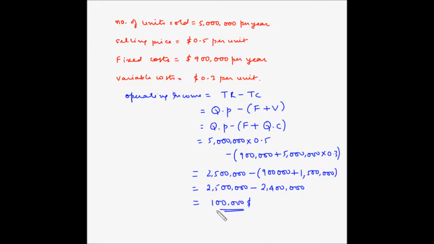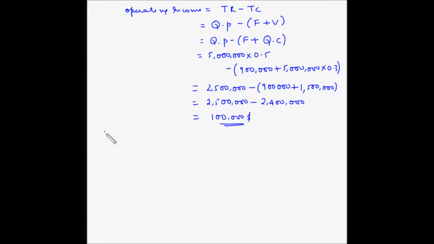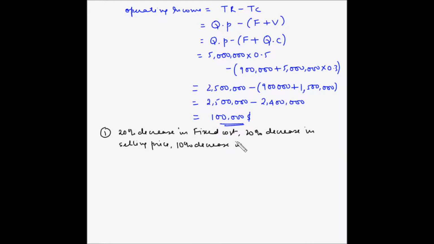Now we have to find out the impact on this operating income in case there is a 20% decrease in fixed cost, a 20% decrease in selling price, a 10% decrease in variable cost, and a 40% increase in units sold.